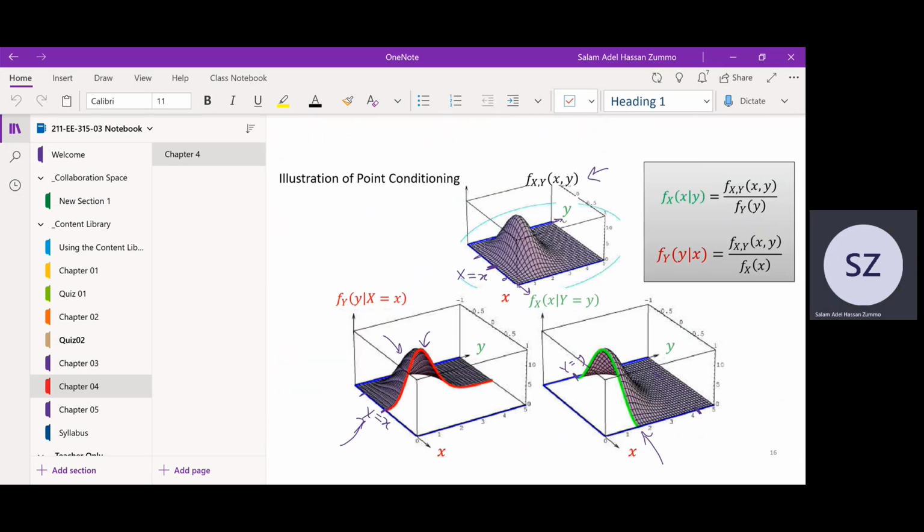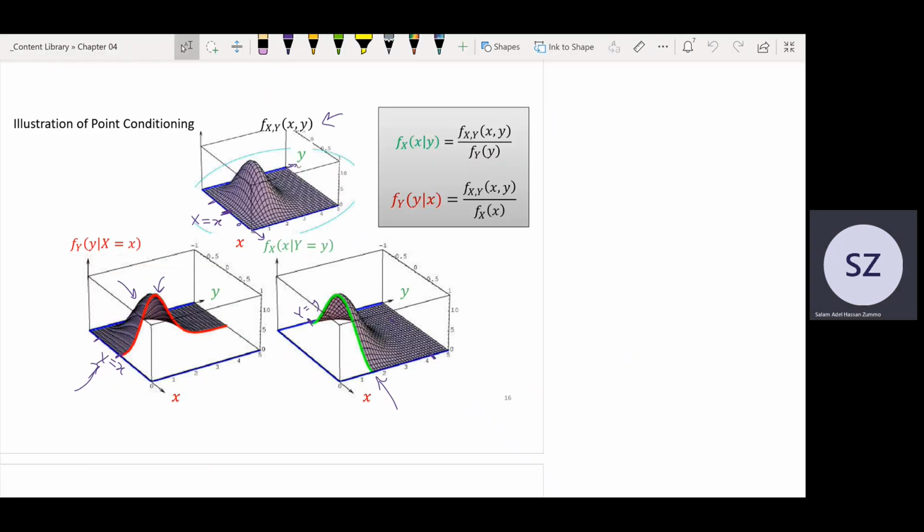This is a joint PDF, a typical joint PDF, right? Then in this case, if this is X bar, and this is Y bar, then this point in the middle is like the center of gravity. You have a surface.